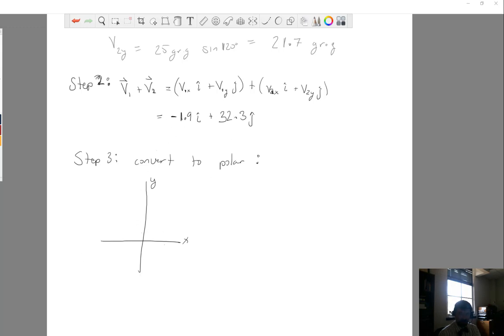So I'm just going to draw a line that's basically in this quadrant somewhere. All right. Now you turn it into essentially a triangle. And one way you can do that is by basically just saying, all right, here's y, here's x.